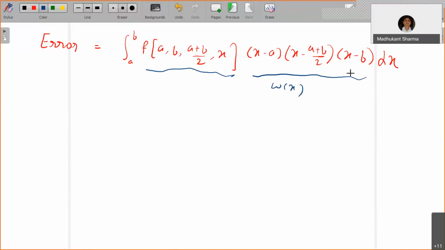See, (x minus a) into (x minus b) is always less than or equal to 0.